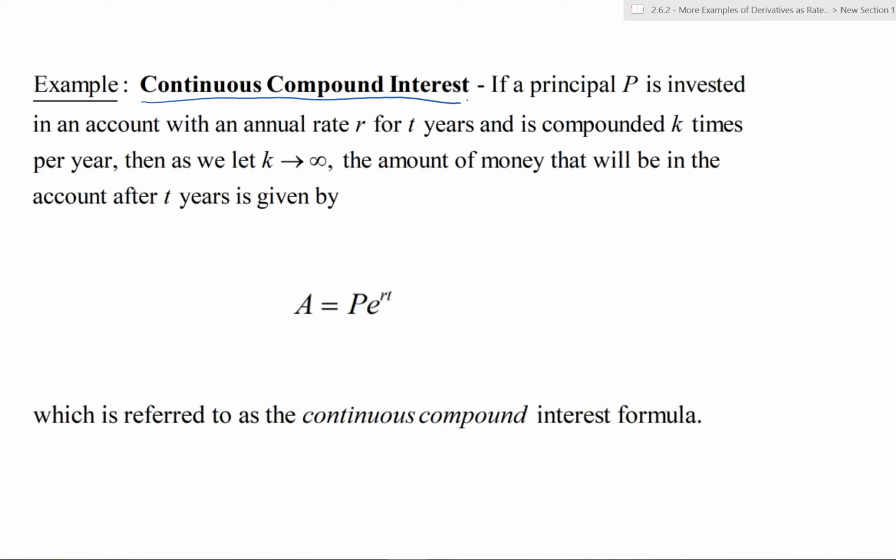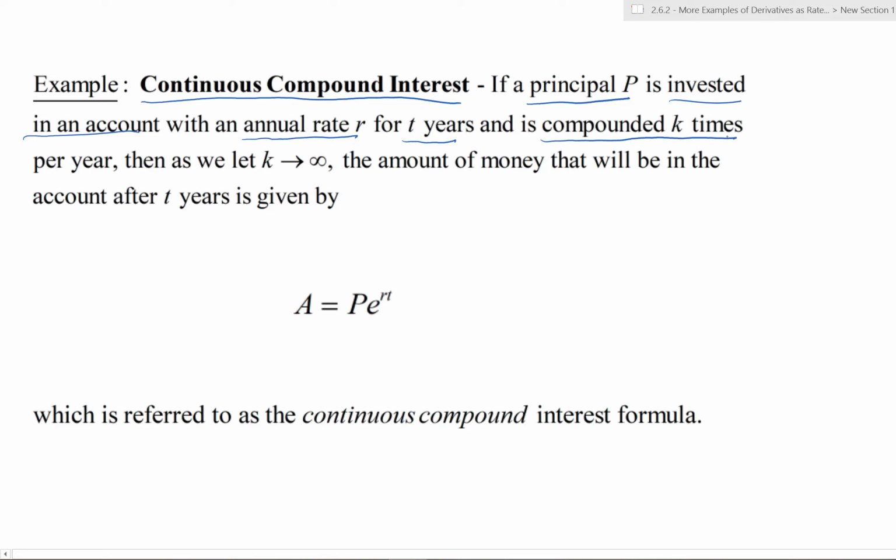If a principal, let's say P, is invested into an account, so think you've got some money, you want to put it in an account, invest it, whatever that amount is. And that has an annual rate, R, so some percentage that you get on top of what you invested for, say, T years, and we compound it K times.